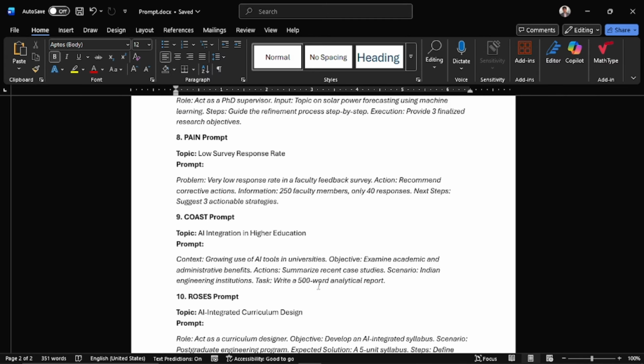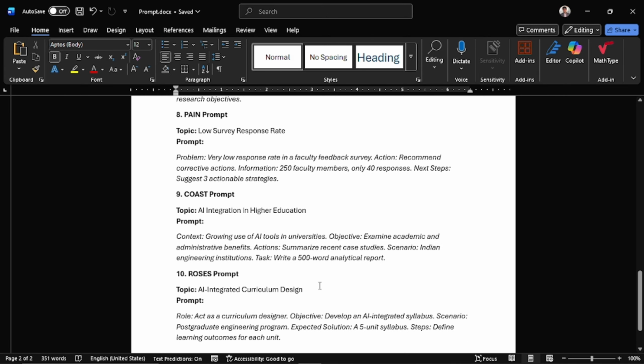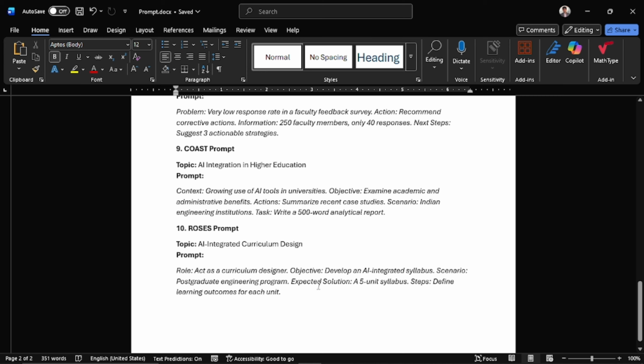And the last one is the ROSES prompt. Here we have taken AI integrated curriculum design. R stands for role. Here you're telling ChatGPT to act as a curriculum designer. O stands for the objective: develop an AI integrated syllabus.